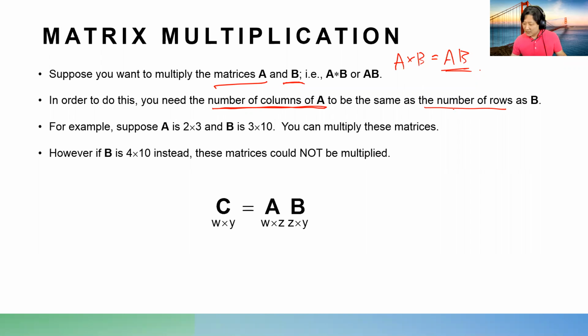So what that means is, let's say A matrix is 2 times 3, and B matrix is 3 times 10, right? So the number of columns of the first matrix should be same as the rows of the second matrix.